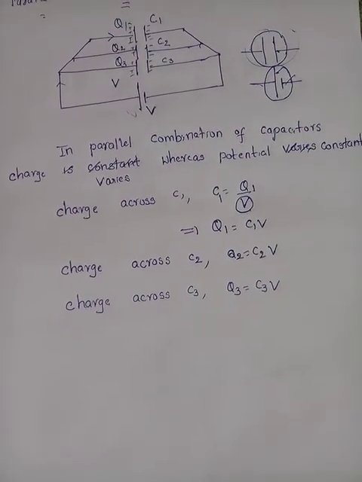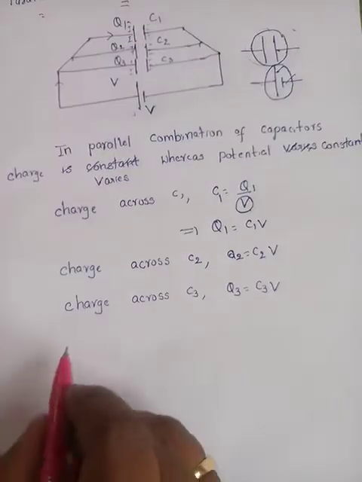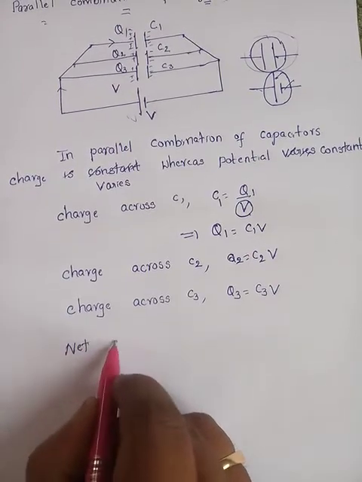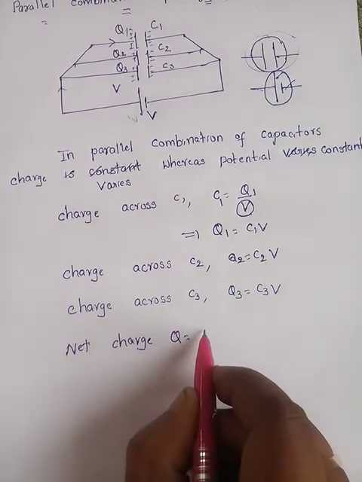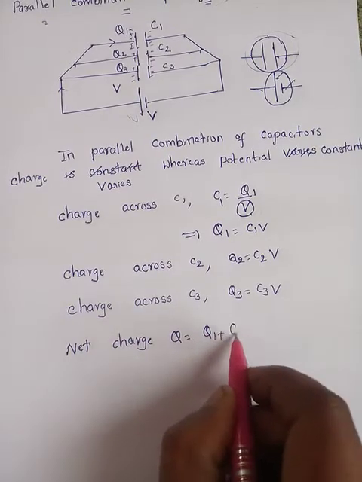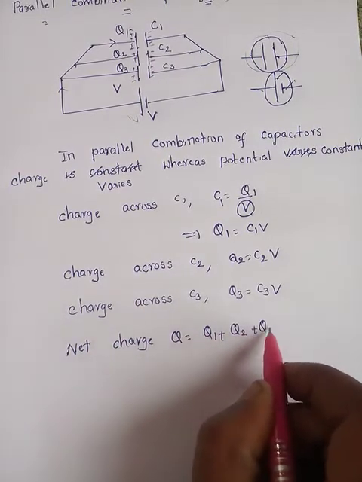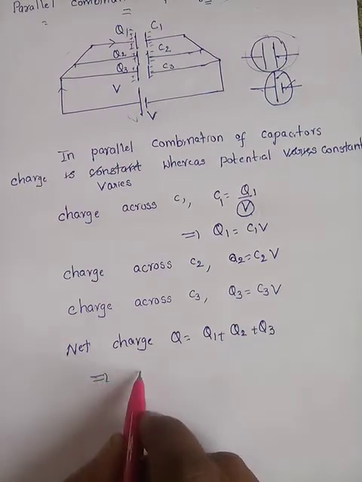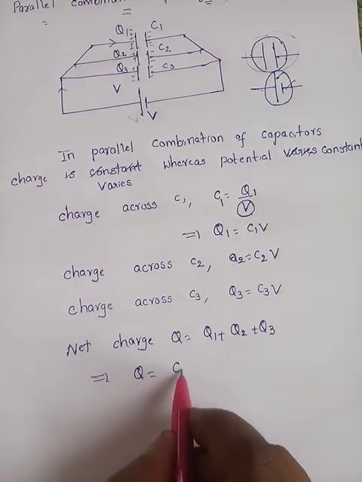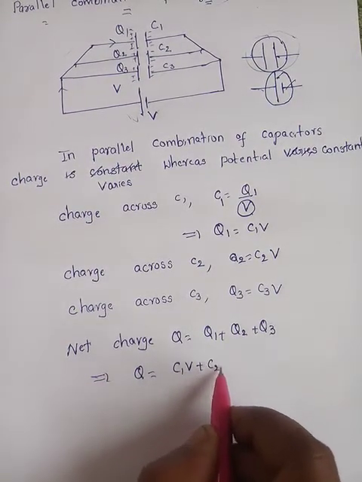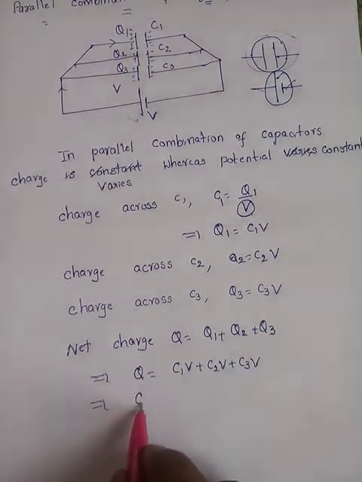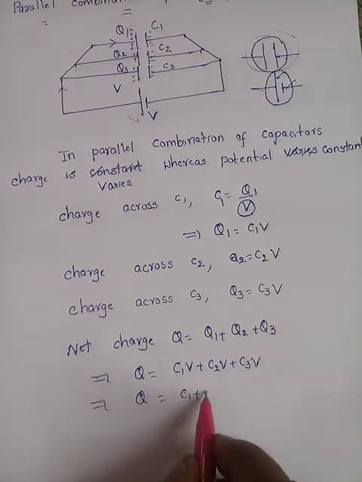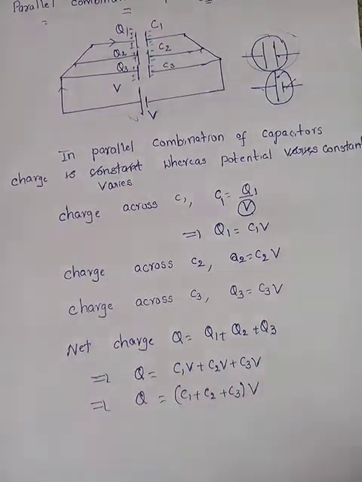Since charge is a scalar like potential, the net charge of all the capacitors is Q is equal to Q1 plus Q2 plus Q3, because charge is additive. Q is equal to C1V plus C2V plus C3V. What is common? V. So Q is equal to (C1 plus C2 plus C3) into V.